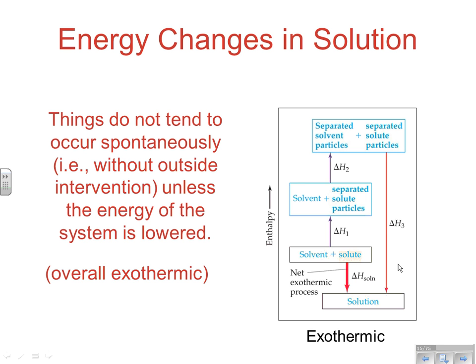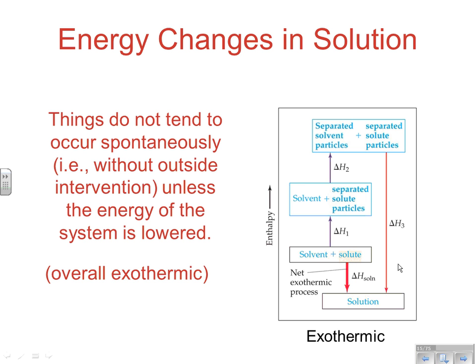But things really don't always occur spontaneously. Remember, spontaneous means does it naturally happen, or does it have to occur with outside intervention? Unless there is an overall lowering of potential energy of the system, so overall exothermic. One of the things we looked at last year in pre-AP with the idea of spontaneity was that things that were exothermic tended to occur spontaneously, and when we end up with an energy advantage through an increase in entropy, which we're going to look at in a second, those two things lead to an overall lowering of the system.